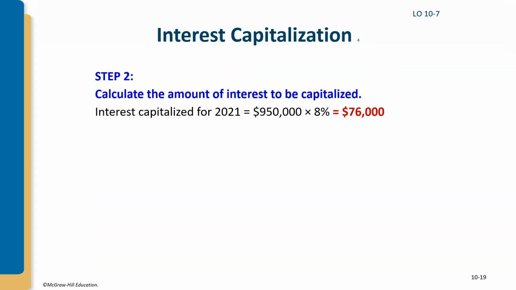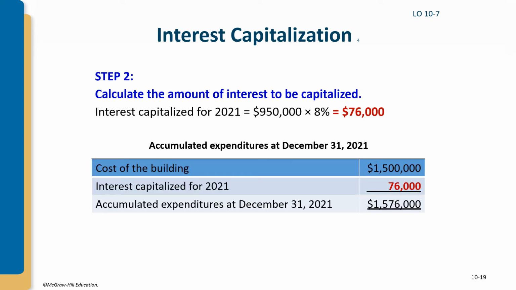Next step, ask yourself, do I have a loan specifically for this construction? If the answer is yes, how much is it? And they did. They took a $1 million loan, has an 8% interest rate.